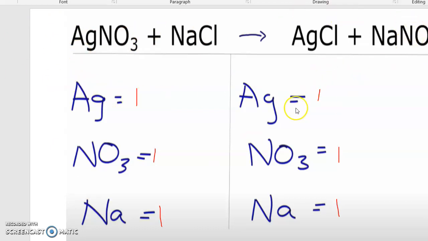Silver: 1 silver here, product side also 1 silver. NO3 on the reactant side 1, product side also 1. Sodium 1 atom, product side also 1 atom. Chlorine on the reactant side 1 atom, product side also 1 atom. It is a self-balanced equation.